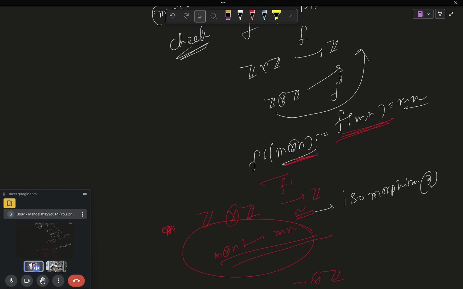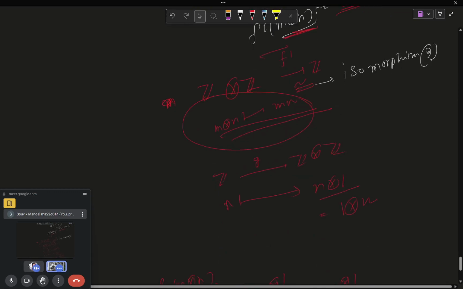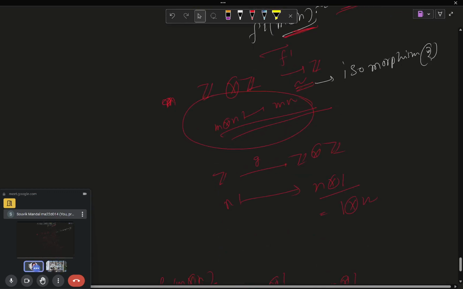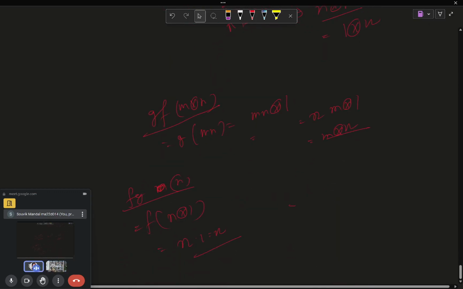How to see if g compose f and f compose g of n are identity?